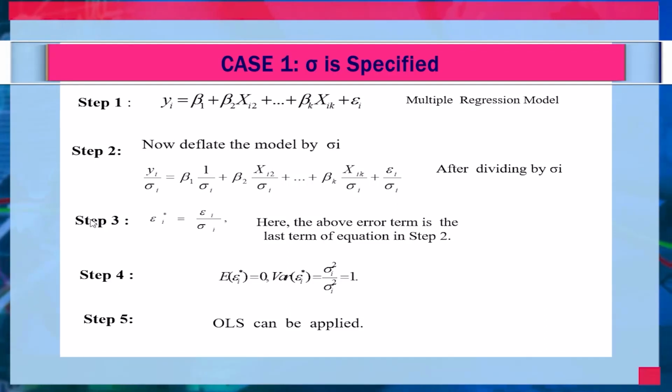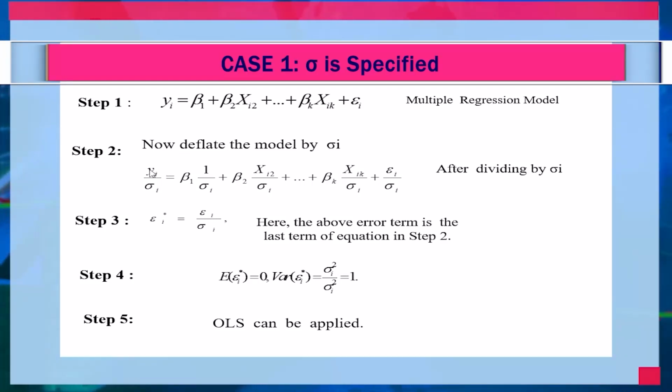Like in step 1, we start with our basic multiple regression model where we observe yi is the dependent variable, xi2 to xik, because it's a k variable multiple regression model, with the presence of a disturbance term epsilon i, and betas are the slope coefficients from beta 2 to beta k, which has a k cross 1 dimension, and beta 1 is the intercept.